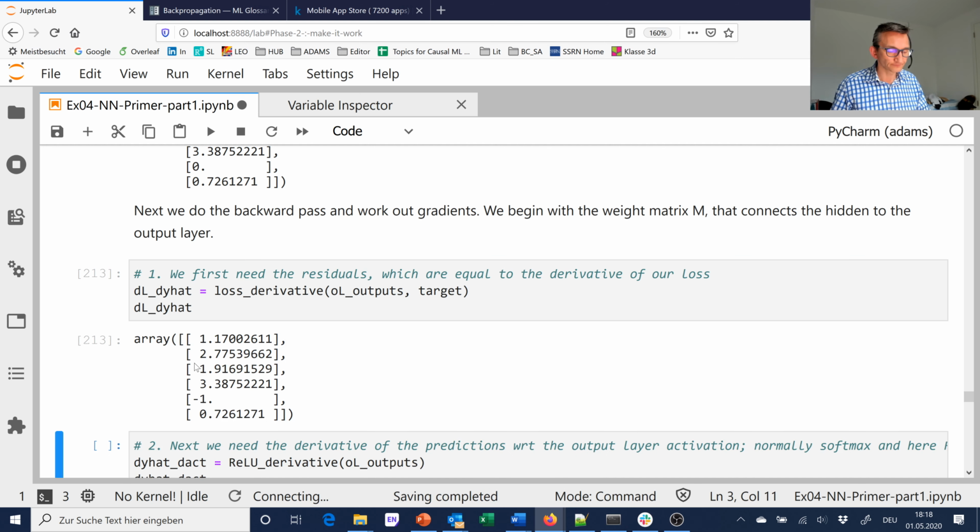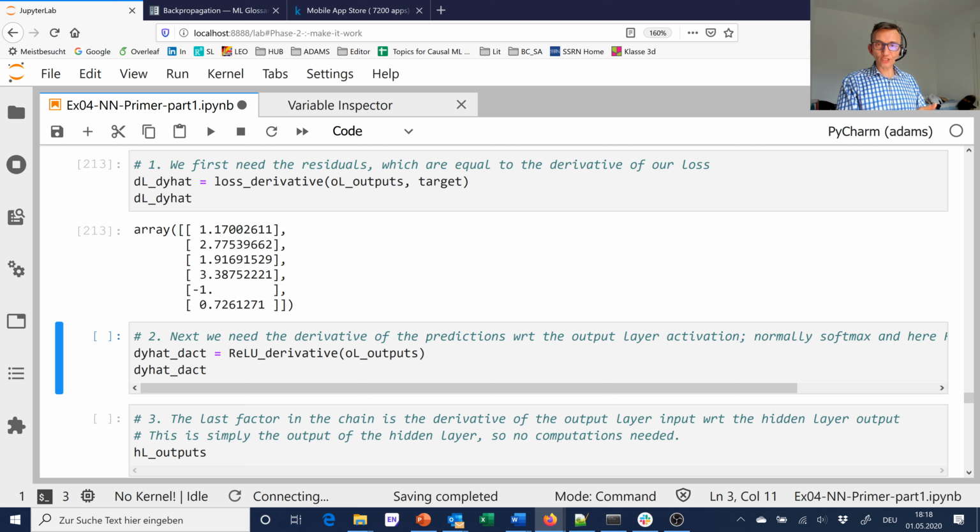That was the first computational step when calculating the loss, comparing actuals to forecasts. Next, we need the derivative of our forecast with respect to the output layer activation.